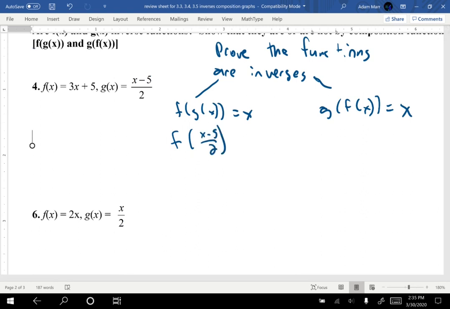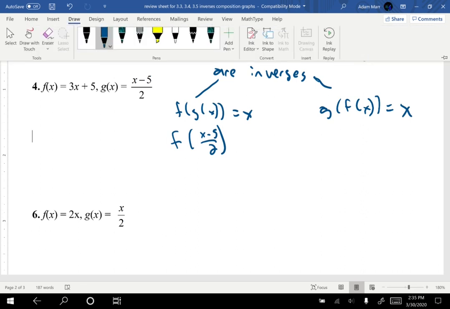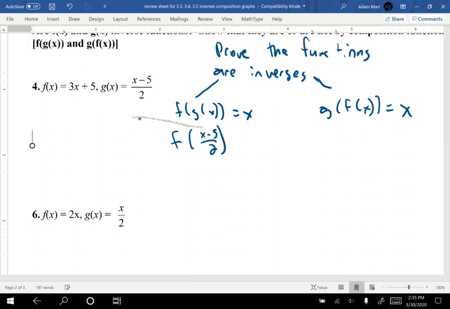Now I'm going to take that x minus 5 over 2 and plug it right into the f function. Sorry, this was g of x. So it'll be 3 times something plus 5.